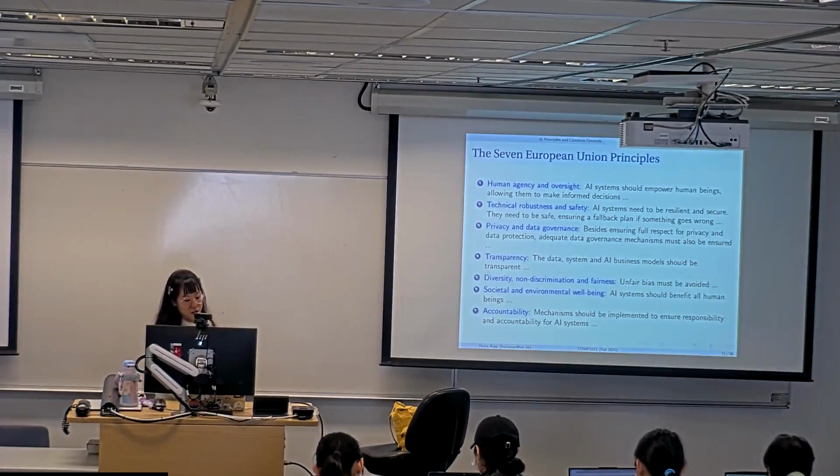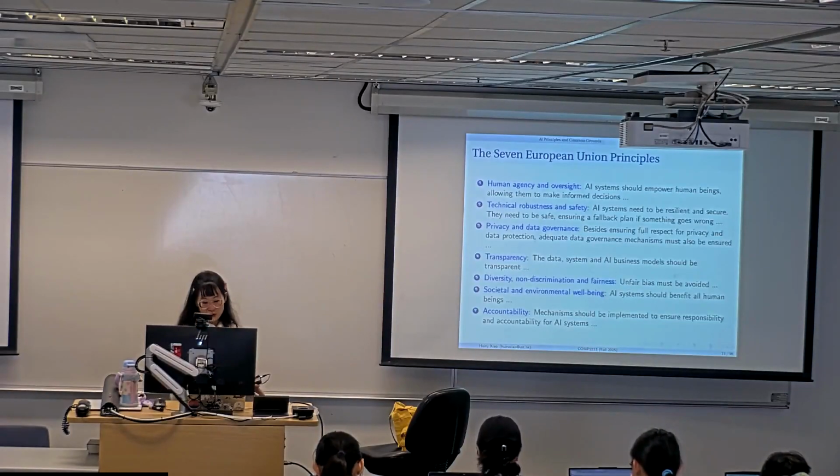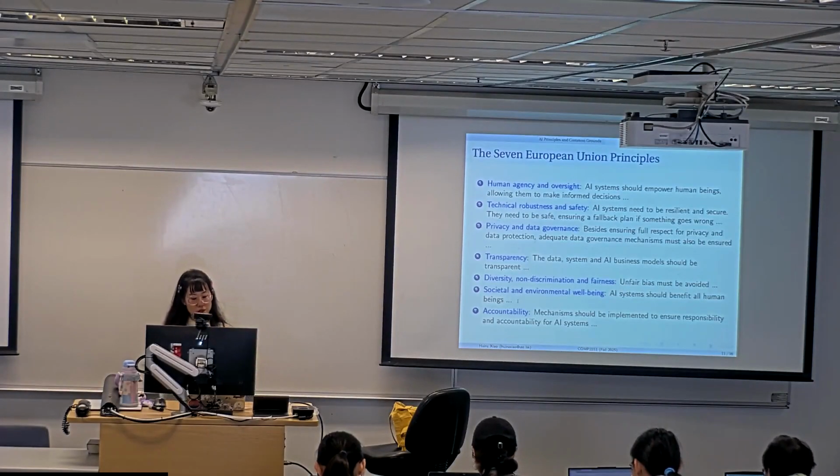Fifth, diversity, non-discrimination, and fairness. Unfair bias must be avoided in the AI model. The sixth is societal and environmental well-being. The AI system should benefit all human beings. Last but not least, accountability. Mechanisms should be implemented to ensure responsibility and accountability for AI systems.